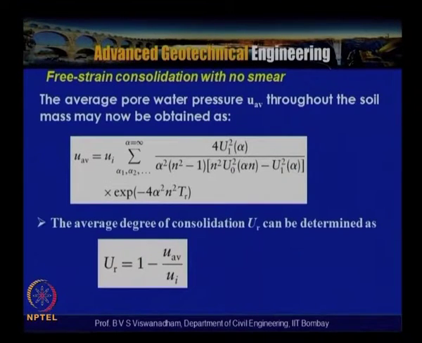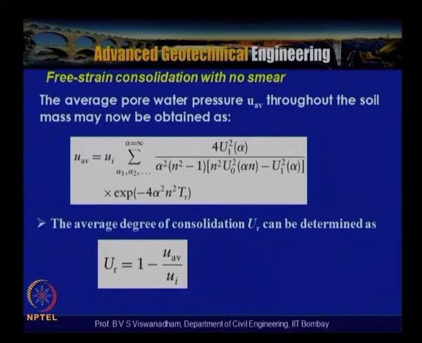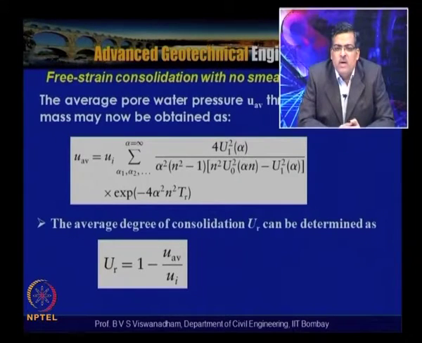Now, the average pore water pressure U average throughout the soil mass may be obtained as U average is equal to Ui, summation alpha 1, alpha 2 to alpha infinity, 4 U1 square alpha n divided by alpha square n square into n square minus 1, and within square brackets n square U0 square alpha n minus U1 square alpha n, square brackets close, into exponential of minus 4 alpha square n square Tr.